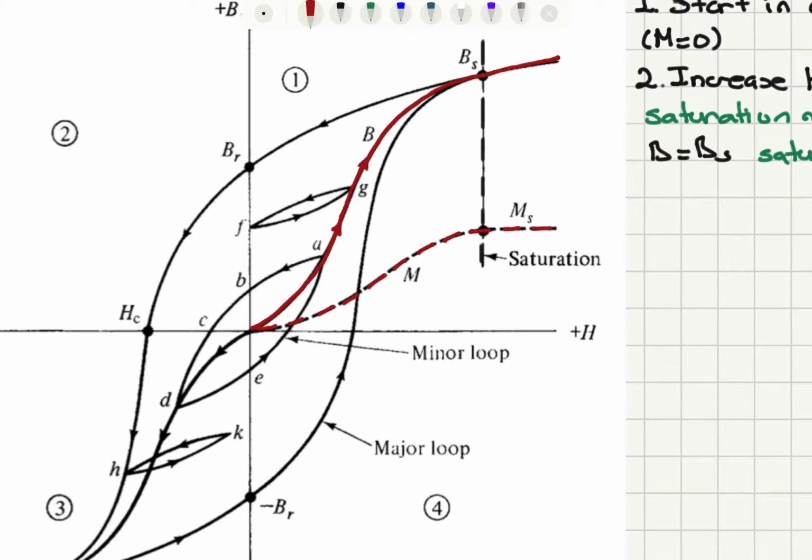So we are at Bs and Ms beyond saturation. The Bs value corresponds to the field that produces saturation magnetization, and we can call this field the saturation field, H saturation.